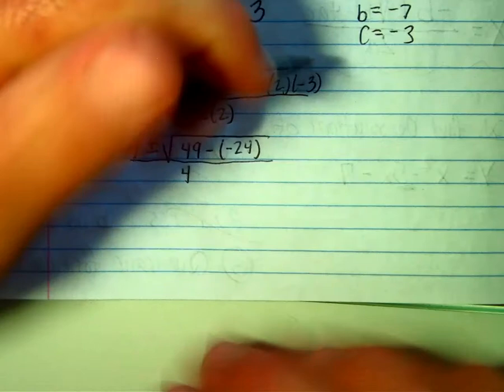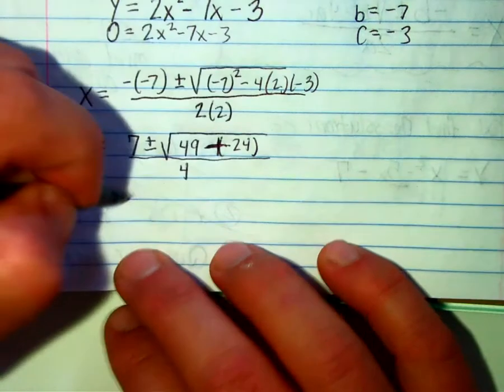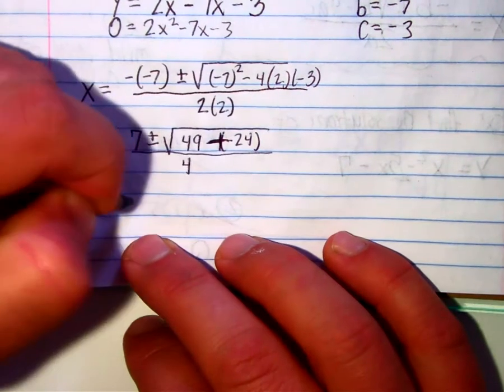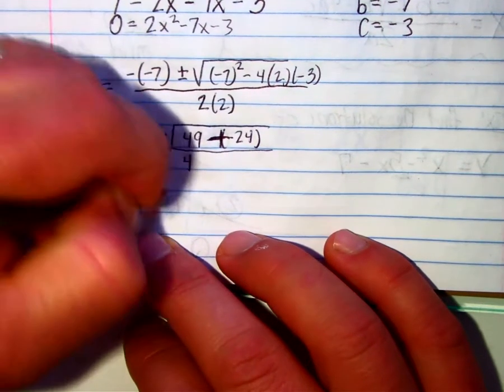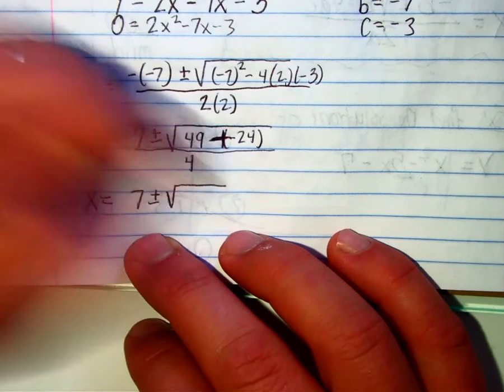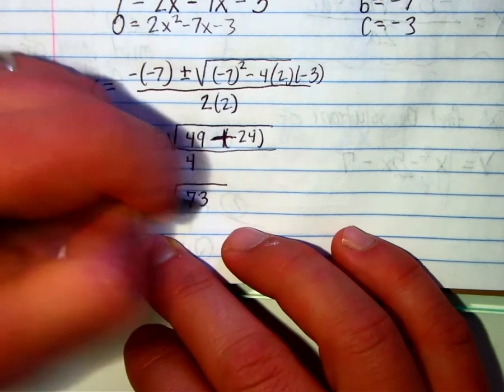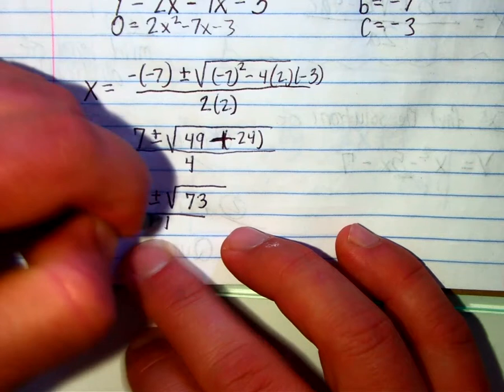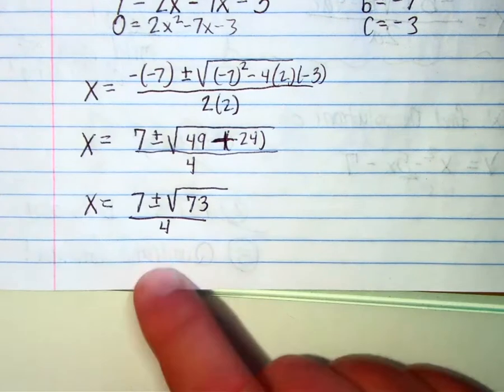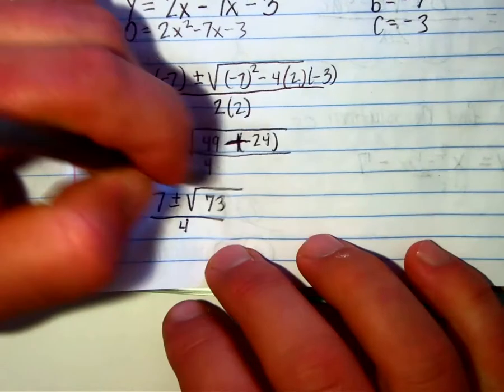Okay, so we'll add those together. X equals 7 plus or minus the square root of 73 over 4. So if you guys wanted to stop right there, you could stop right there.